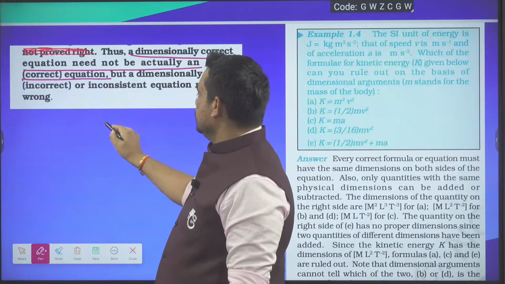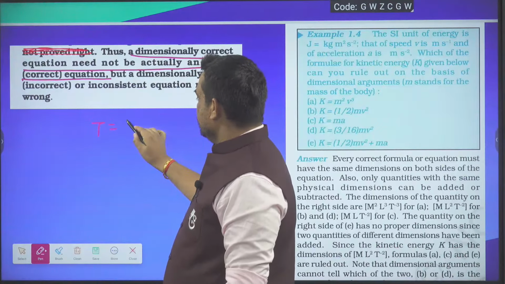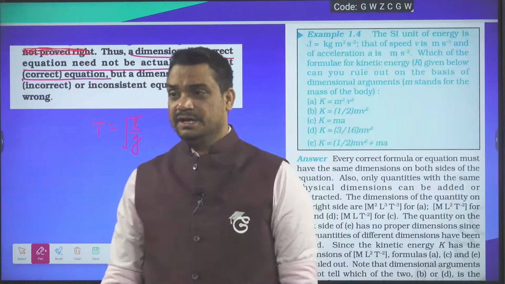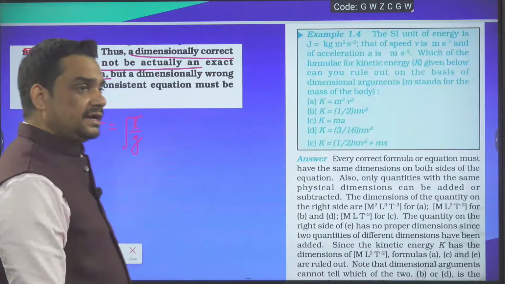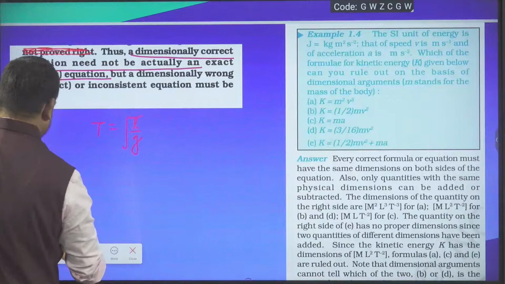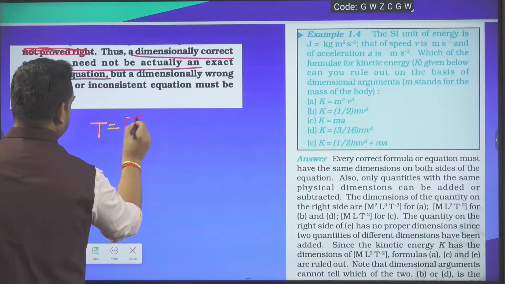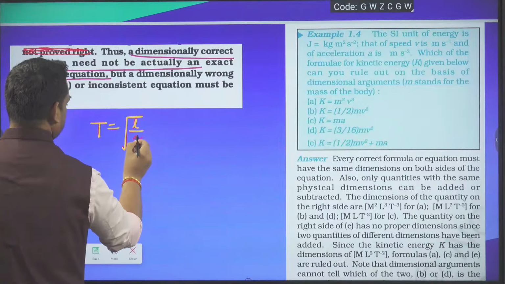Like if I say T equals root L by G, is it a correct or incorrect equation? T equals root L by G, what do you say about this one?